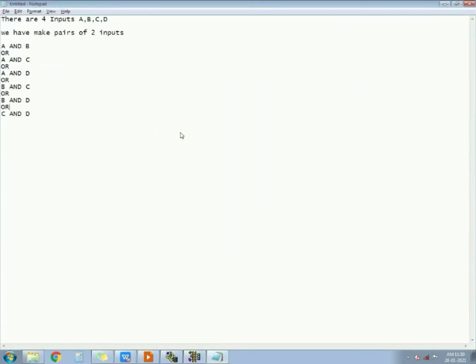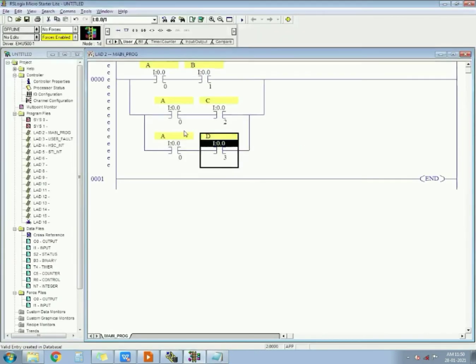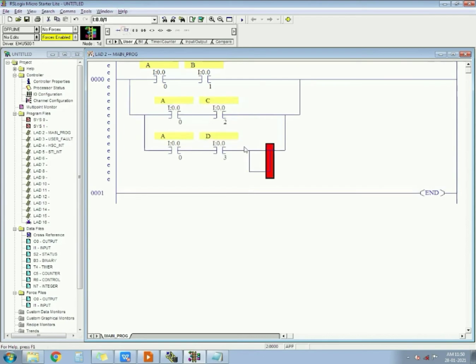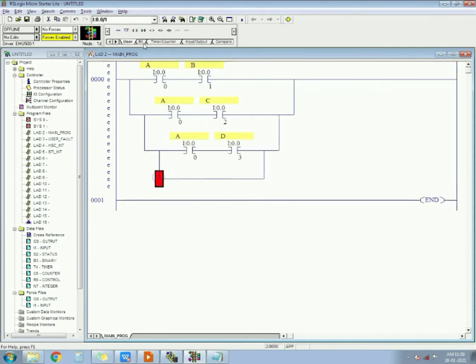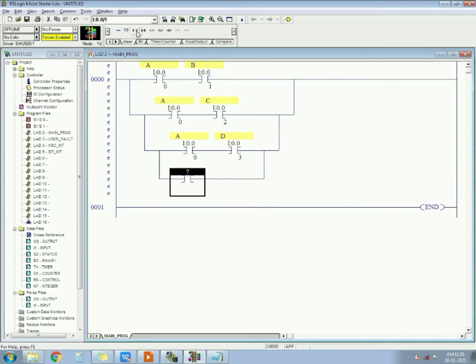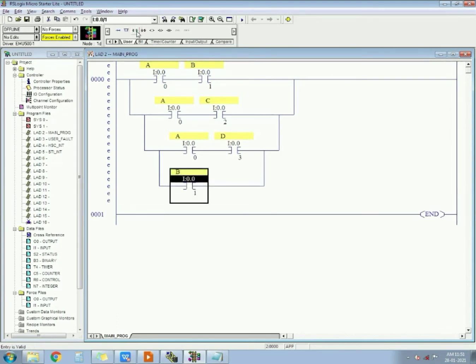Now B and C or B and D or C and D. B and C, I will again take a parallel. B, I1:0.0/1. This is B, and C, I1:0.0/2.